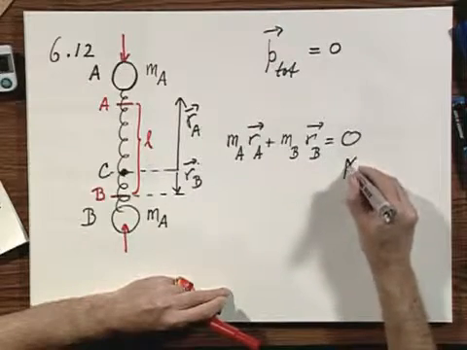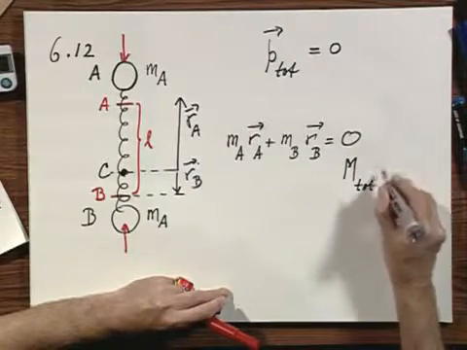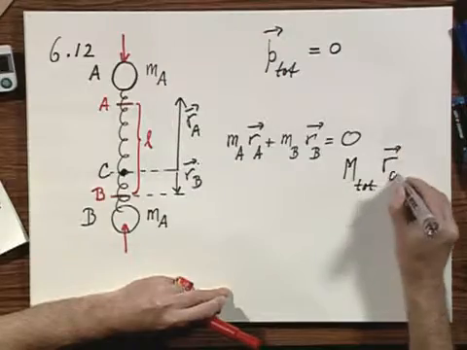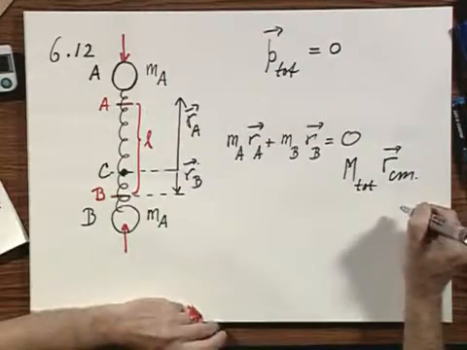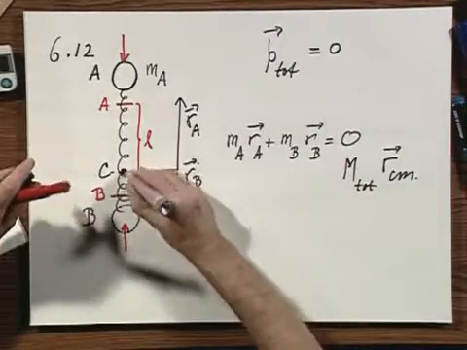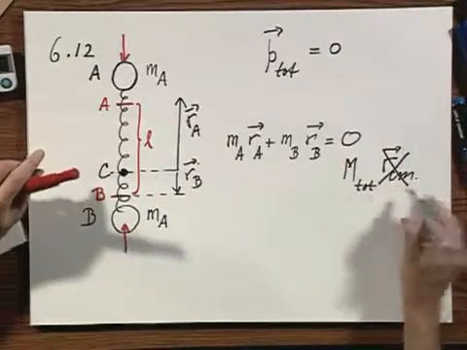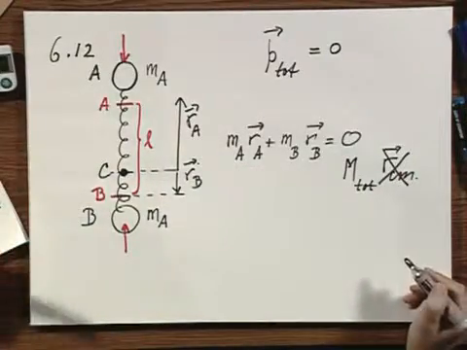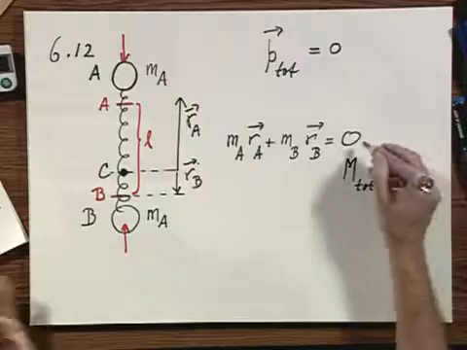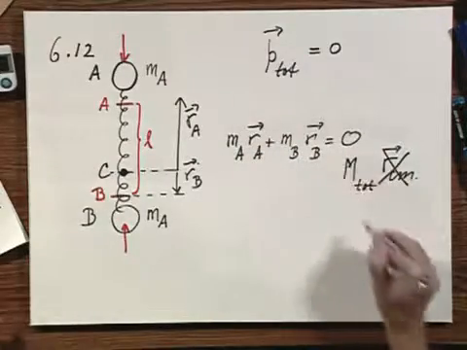This is the total mass of A and B times R of the center of mass, relative to the center of mass. But since I use the center of mass as my origin, this R is 0, and so you see, you can even say that this is a definition of the center of mass.